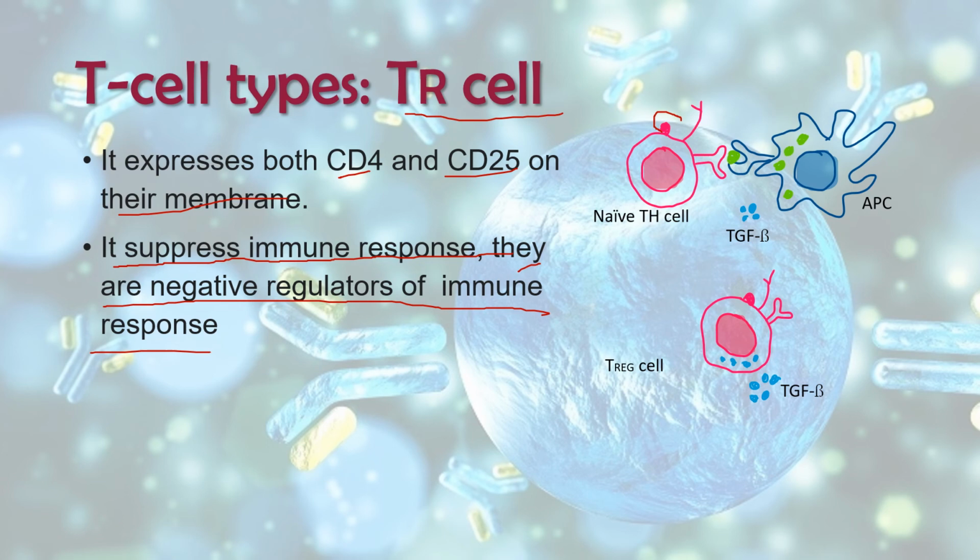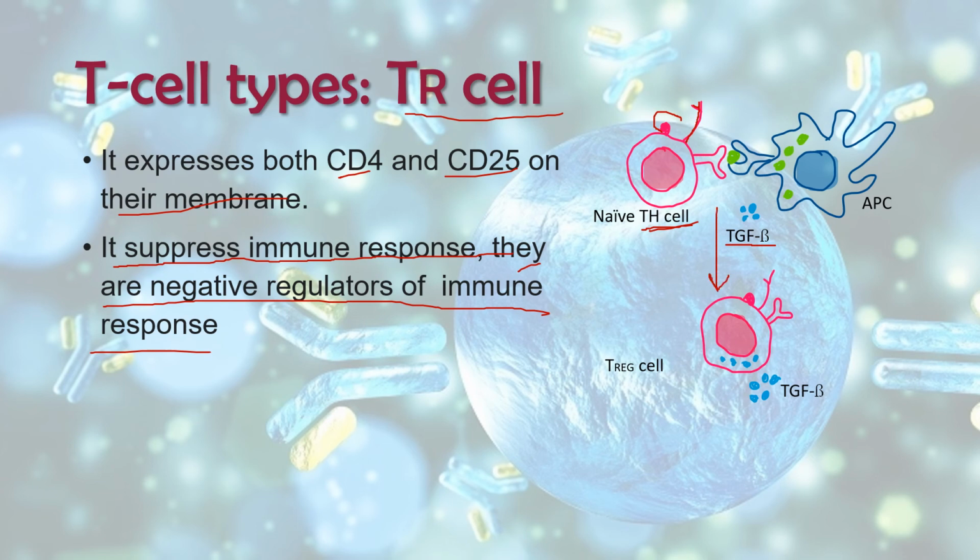So how do they form? Basically they also form from the naive TH cell. Why? Because the naive TH cell contains the CD4 molecule. So we just learned how this TH cell will differentiate into TH1 and TH2, and this TH cell is also differentiated into T regulatory cell, but in the presence of TGF beta molecules.